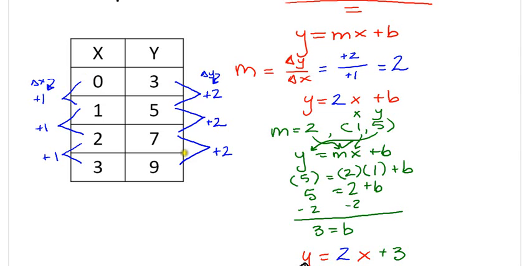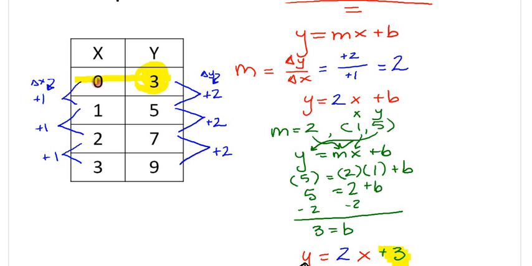So we said that our y-intercept was 3 down here, and here I see that this point has an x value of 0. Any point that has an x value of 0 is crossing the y-axis at the point 3.